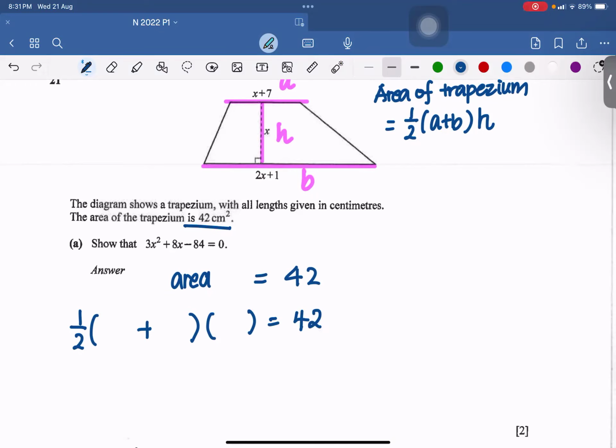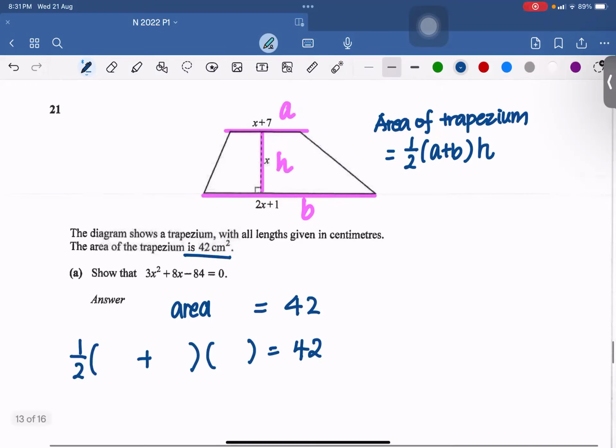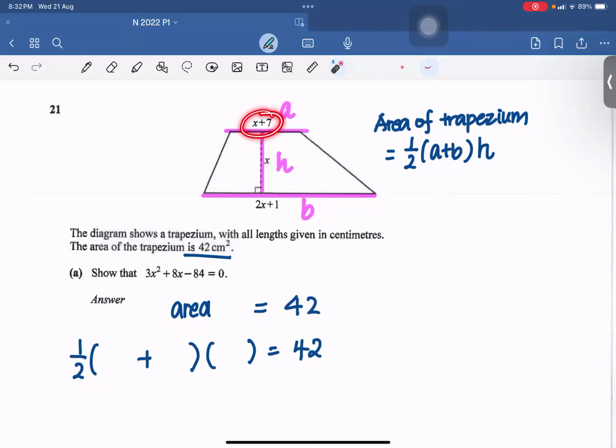Okay, what is the A? You all have to tell me. x plus 7. Correct, x plus 7. What is the B? 2x plus 1. What is the 90 degree, the height?